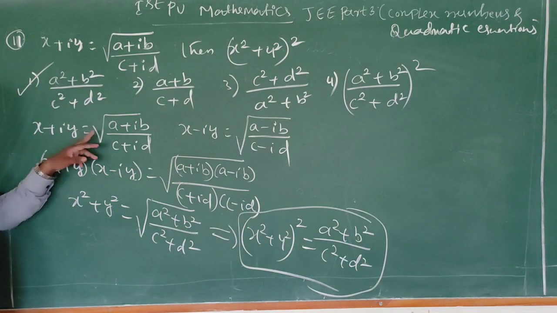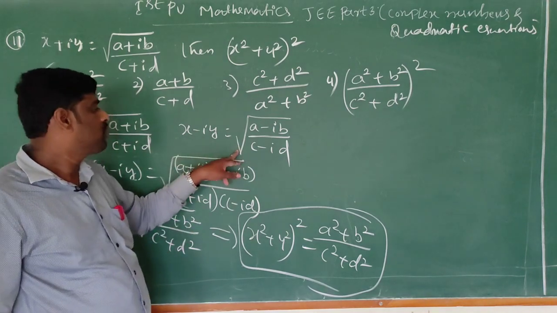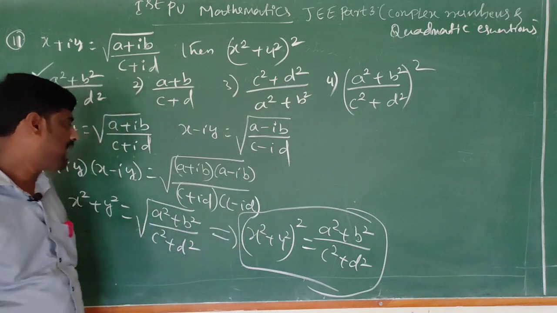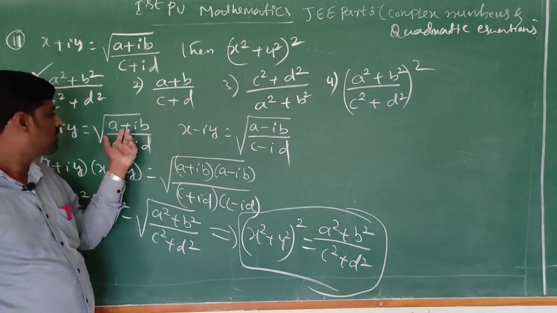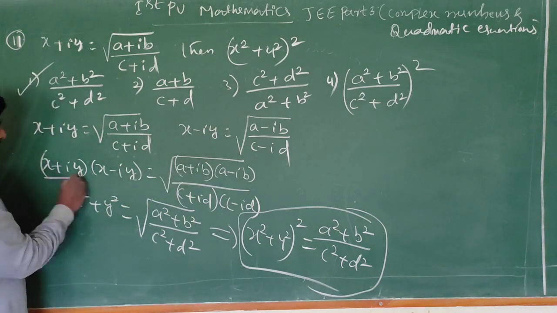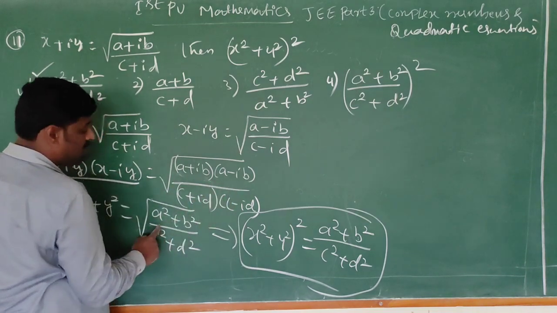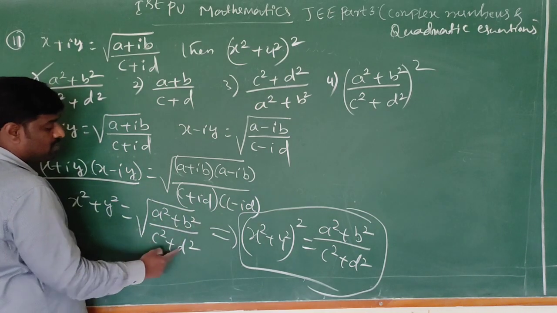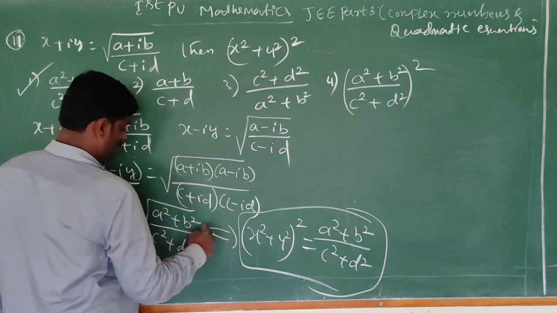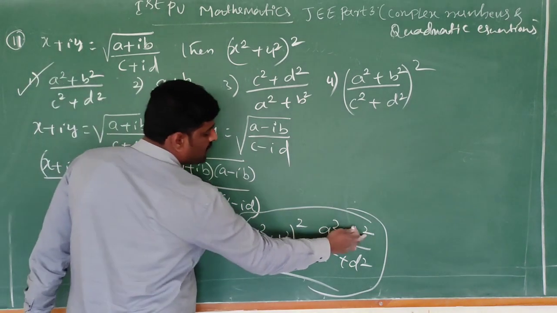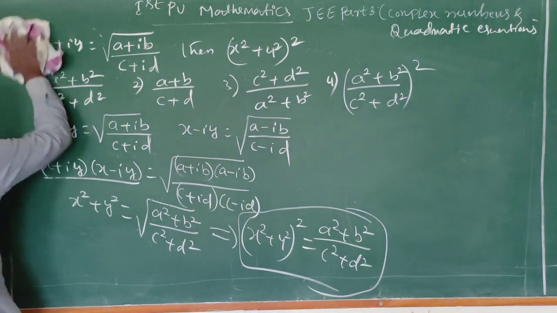So x plus iy is square root of a plus ib divided by c plus id. x minus iy is square root of a minus ib divided by c minus id. x plus iy into x minus iy is square root of, combine this term and this term, so x square plus y square equals square root of a plus ib into a minus ib, which is a square plus b square, divided by c square plus d square. x square plus y square whole square, squaring on both sides, this square root should be cancelled. a square plus b square divided by c square plus d square. Next question.